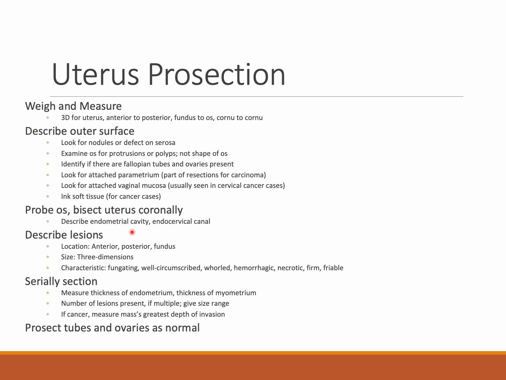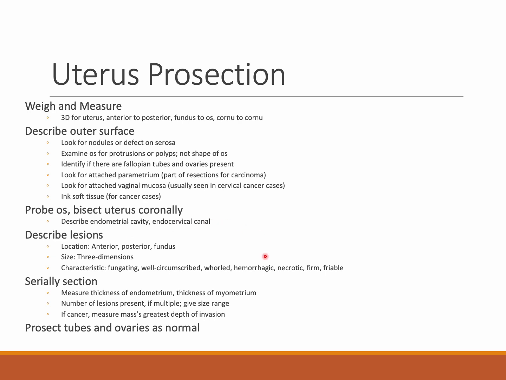And then you're going to stick a probe in there. I actually like sticking forceps in there to kind of guide you. So I'll do a nice long pair of forceps, stick it in the cervical os. Hopefully it's patent. You can describe that as you go in there. And then I can take a scalpel and bisect that. Some people use scissors too to do that, but it's kind of personal preference.